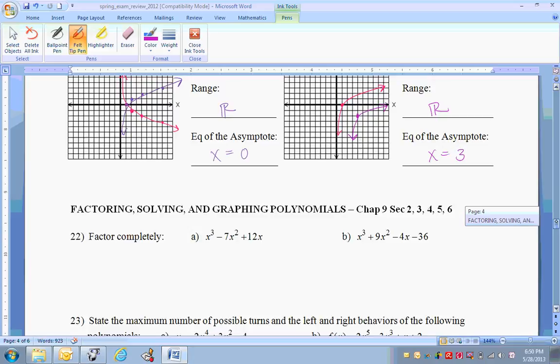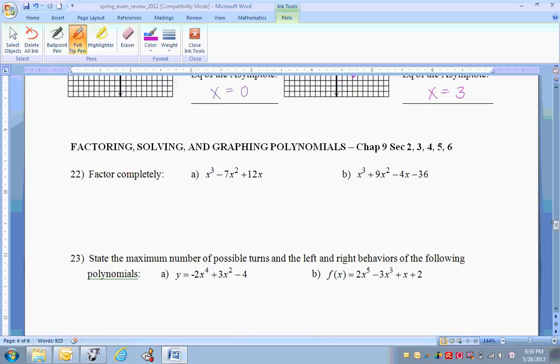All right, let's move on to problem 22. It asks us to factor completely. Well, the first thing I always check for when I'm factoring is a GCF. I notice all these terms have an x, so I'm going to pull out an x as my GCF, and I'm left with x squared minus 7x plus 12 on the inside. Now I have a trinomial that I can factor by setting up shop.